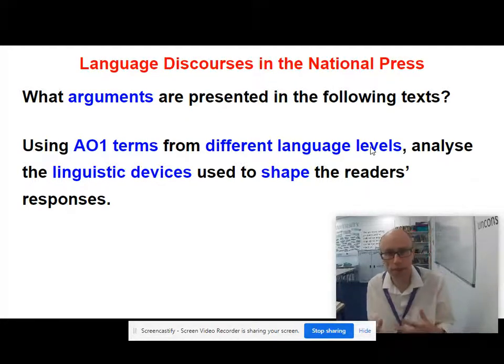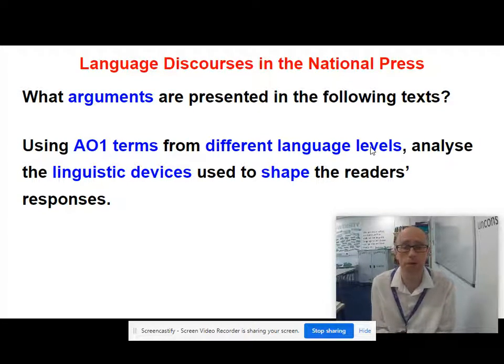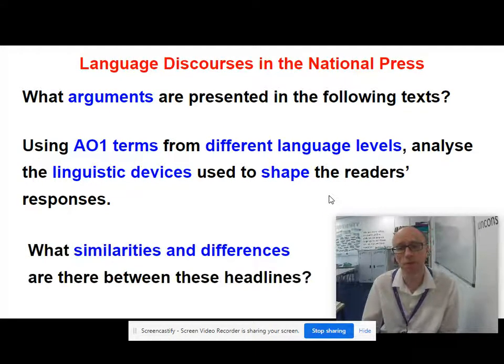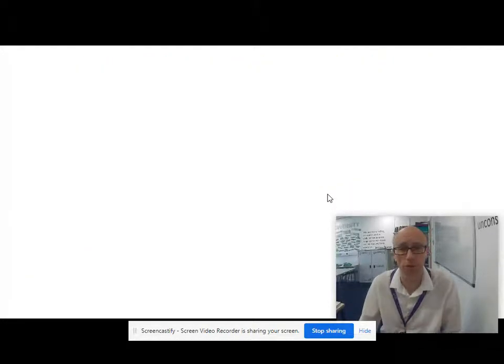Do these headlines adhere to the genre features that you'd expect them to have? What about grammar as well? What about the syntax of what's going on? There may even be phonological aspects which are important. So the watchword is use all of your different language levels, not just lexis. And what kinds of similarities and differences are there between these headlines? Let's look at four of them.